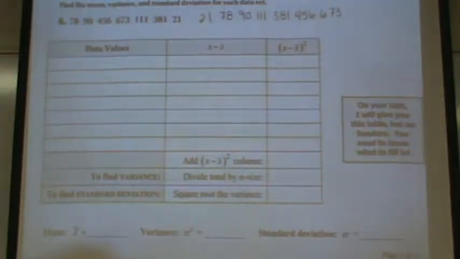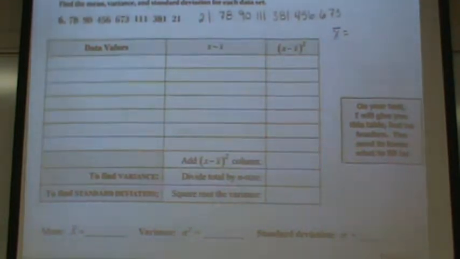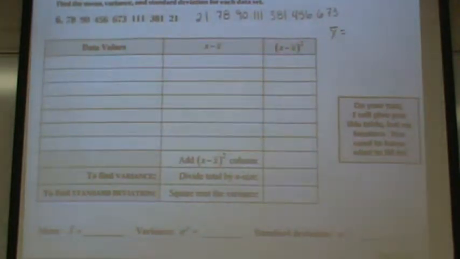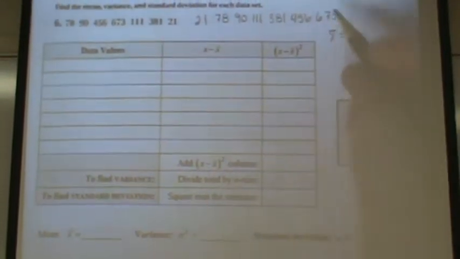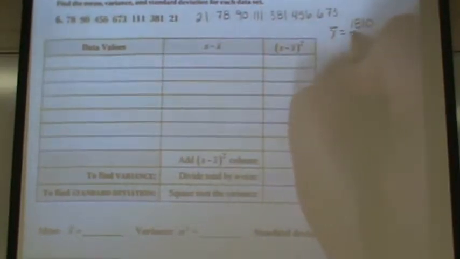So for these types of problems where we're finding variance and standard deviation, we want to first find the mean. So we're going to find x bar. Remember, that's just another notation for the mean. And we want to add up all of our data points in our set. So we add all these up. We get 1,810.